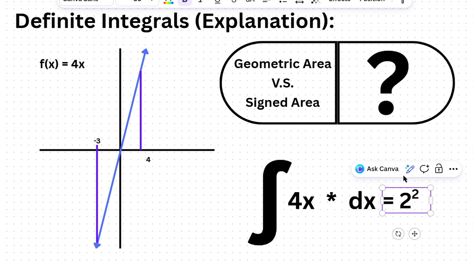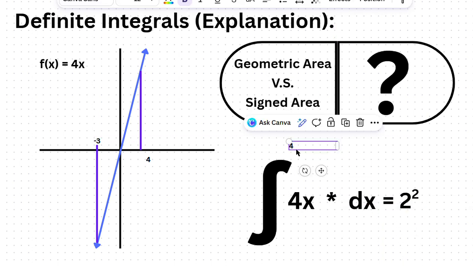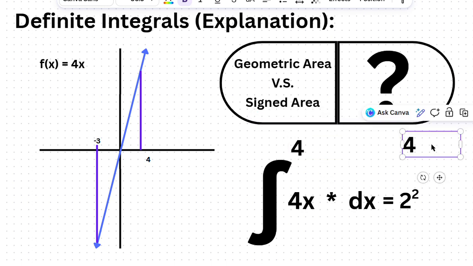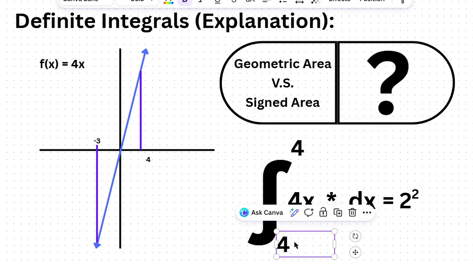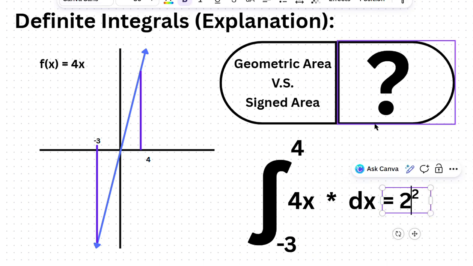The top number is 4, since we're going from -3 to 4. Let me quickly properly write the definite integral, from -3 to 4.